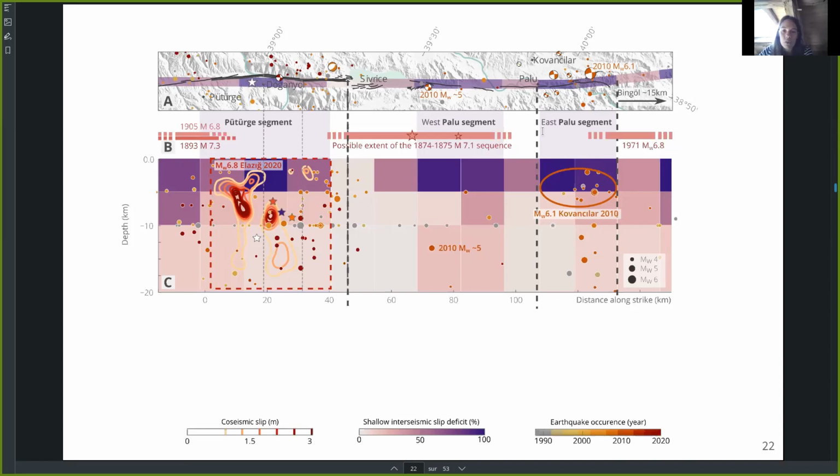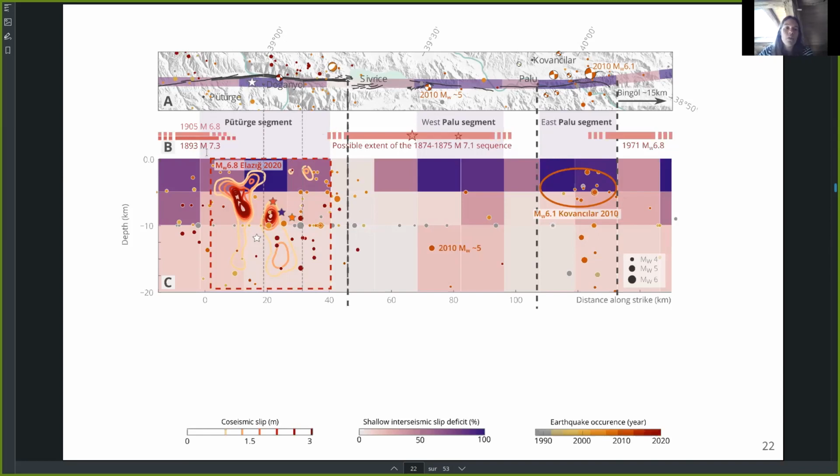What's interesting to notice here is that you can divide the East Anatolian fault into three main segments. These are highly coupled zones, denoted in light purple: the Pütürge segment, the West Palu segment, and the East Palu segment.